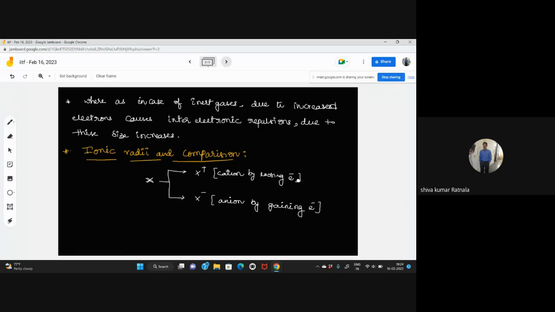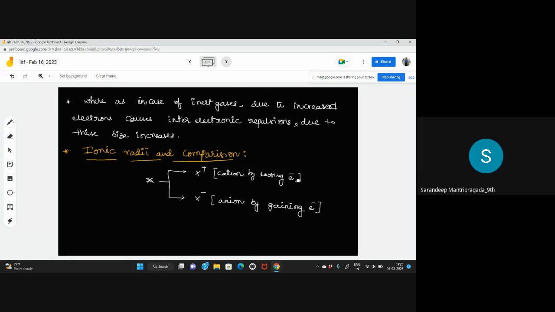Tell me, which one is going to have the highest size?